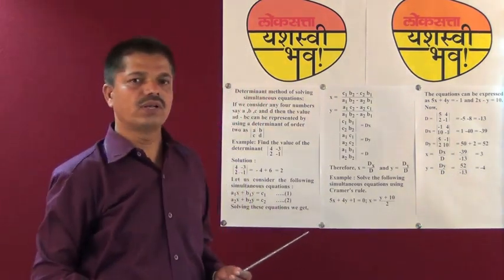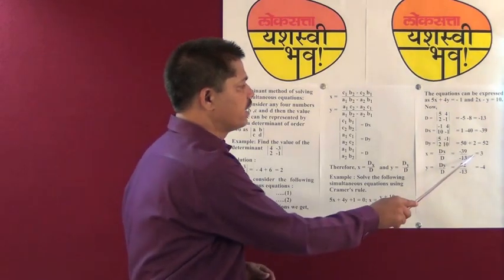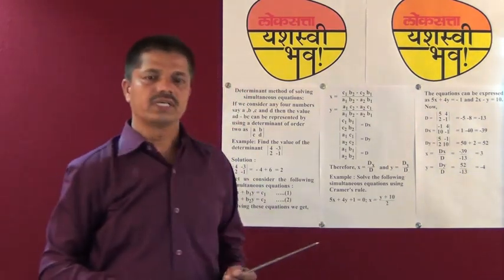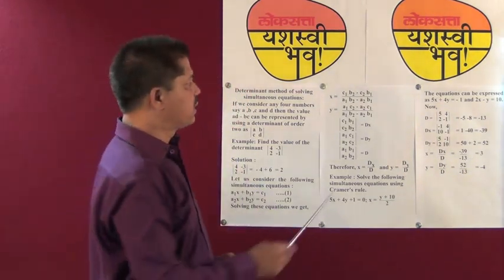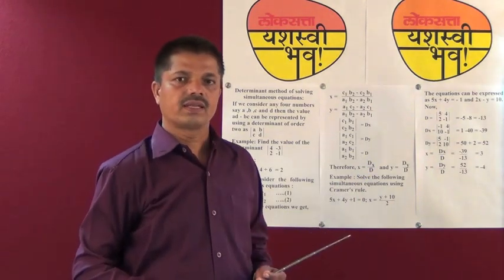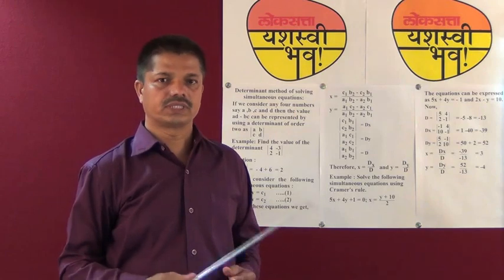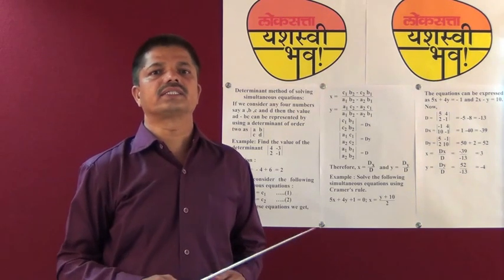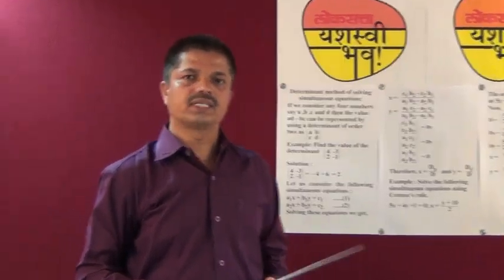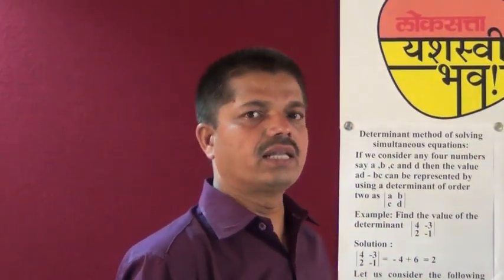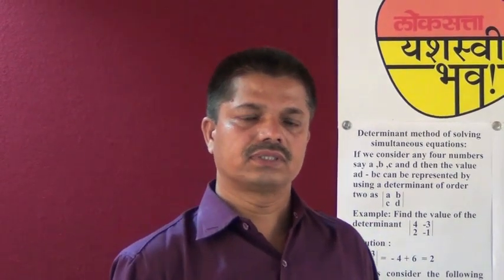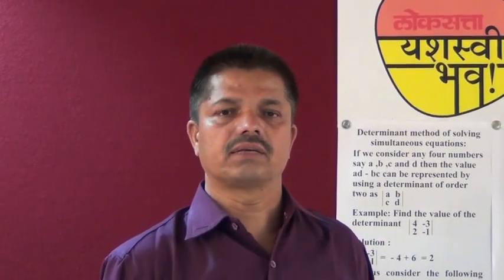And therefore, x is equal to 3 and y is equal to minus 4 is the solution of the given equations. Later on, when you study the higher order thinking skill problems given at the end of the textbook, you will find that this method helps you to solve the complicated examples which we are going to see in the later part.